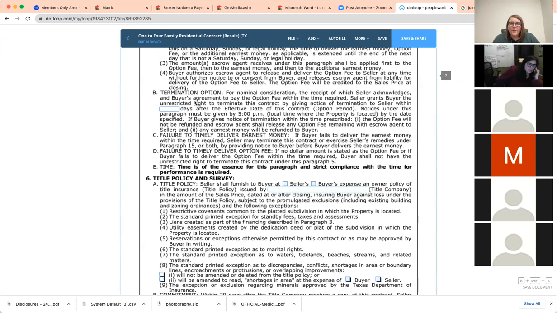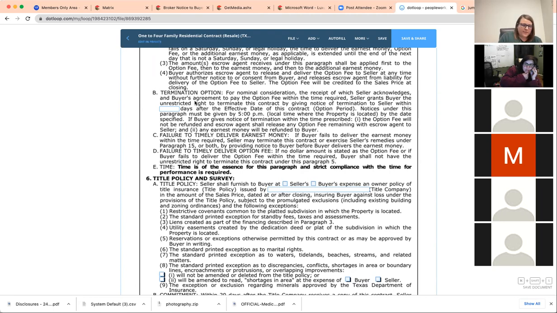Now, just a side note, title is a non-biased third party, so they will hold that money until either the contract is terminated or it closes. And then at that point, it depends on the situation where the money is released to. If we have a highly successful transaction and it closes, then the option and earnest money is refunded to the buyer.